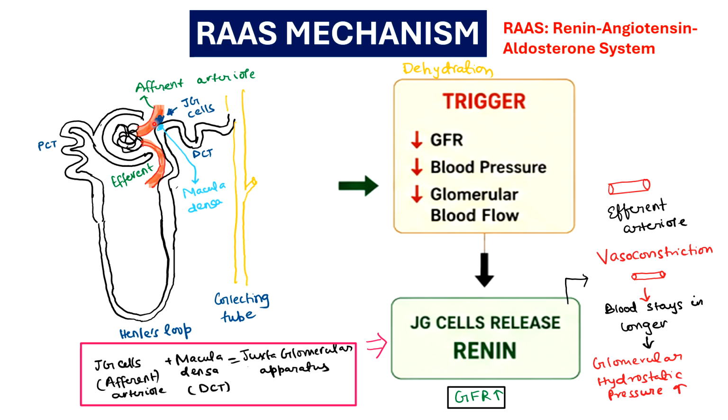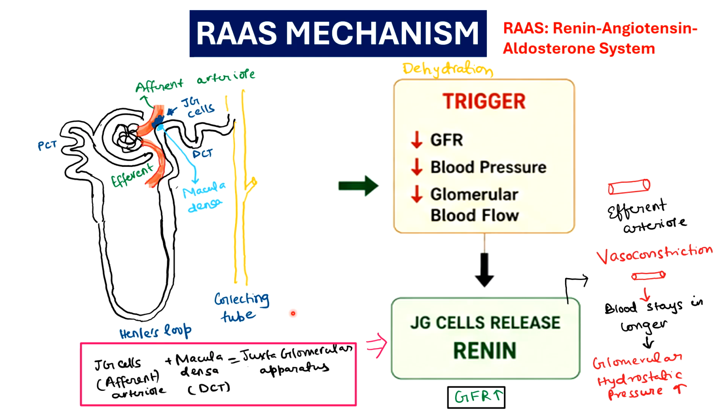In proximity to the JG cells, a special type of cells are also present in the wall of the DCT. They are known as macula densa. Now, these JG cells present on the afferent arteriole wall and macula densa present on the DCT wall together make the juxtaglomerular apparatus.